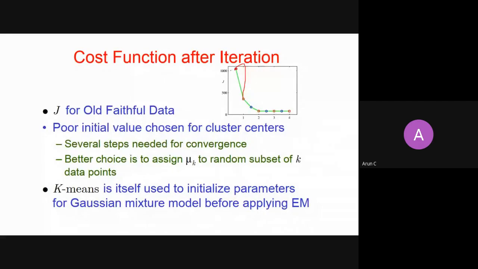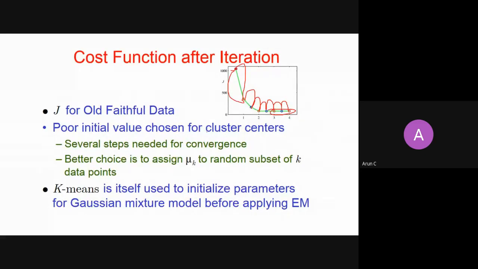So when you minimize over R and then mu, then you minimize over R and mu again for the second iteration, the third iteration, then the fourth iteration. In the fourth iteration, you will see that there is no change in the cost function, so you can stop here.